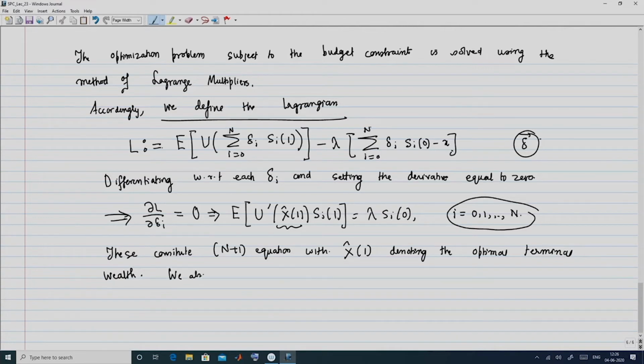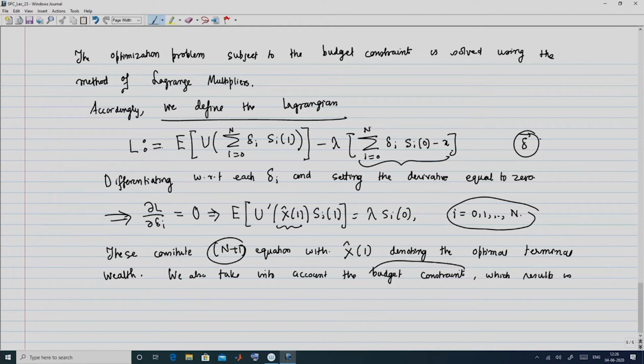We also take into account the budget constraint, that means this relation being equal to 0, which results in, in addition to this n plus 1, this budget constraint.